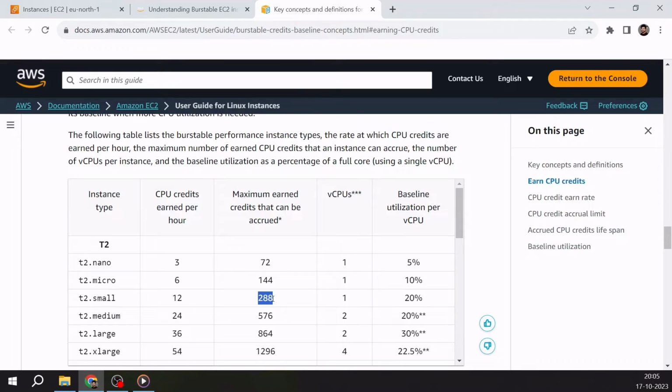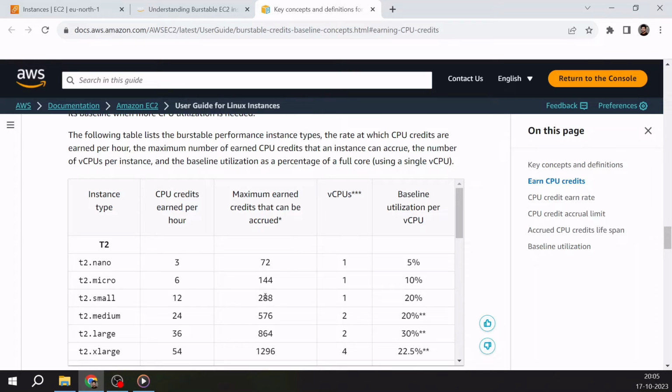Your EC2 is running at 60% or 70% CPU utilization, and it is not like it is going to be over in a minute or 2 minutes. This kind of traffic is going to stay there for a few hours, maybe 5 hours or 6 hours. So what will happen, all your 100 credits whatever you have earned will serve up to a certain limit.